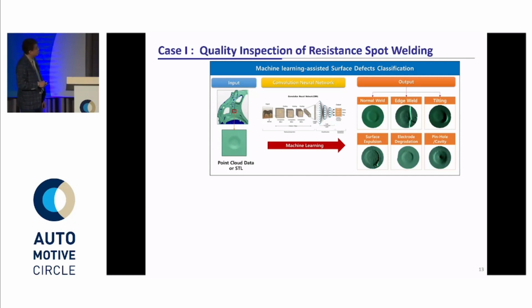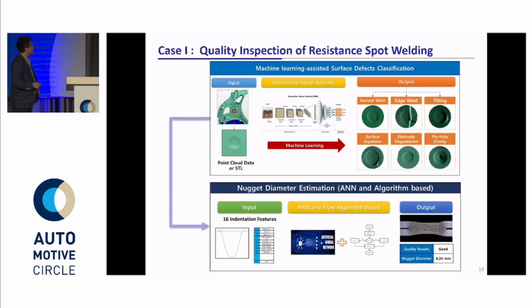It actually shows 6, but we can do more than 7 classifications of surface abnormal detections: the normal weld, edge weld, tilting, surface exposure, electrode degradation, and pinholes. We're still doing some more labeling and teaching these days as well, and it shows above 95% accuracy for the prediction.